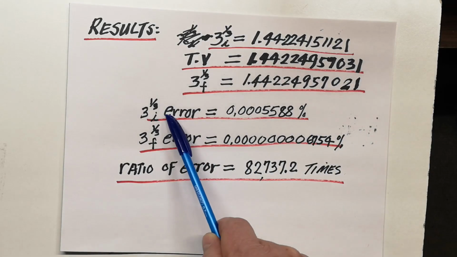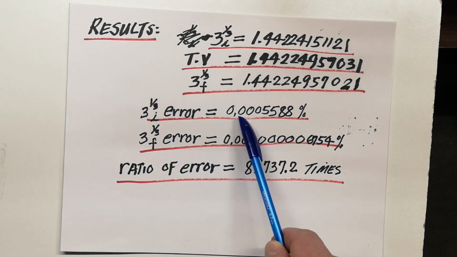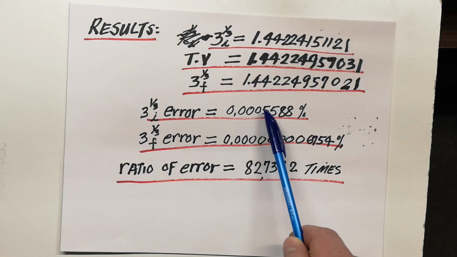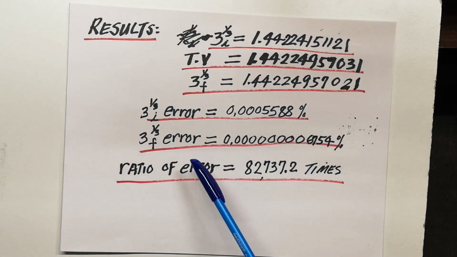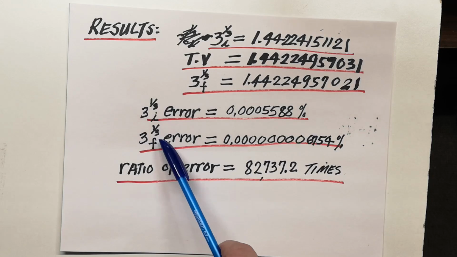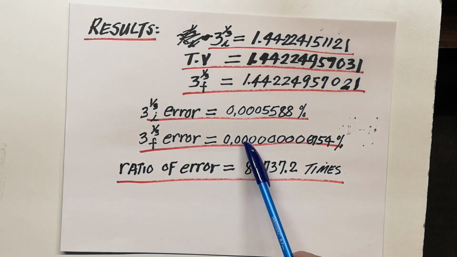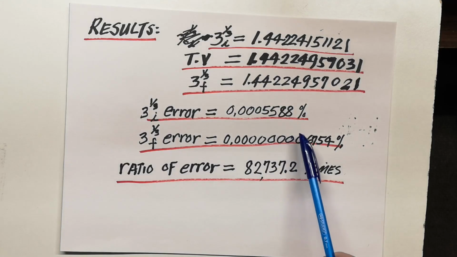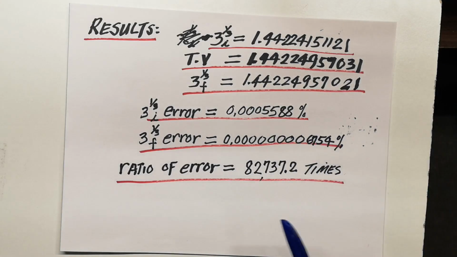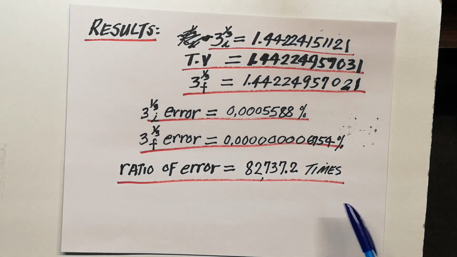The error for the initial value is 0.000558%. For the final cube root, the error is 0.000000006754%. And the ratio of error is 82,000 times.